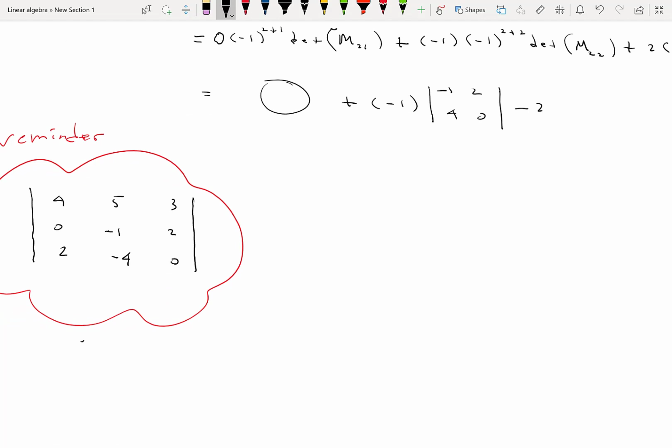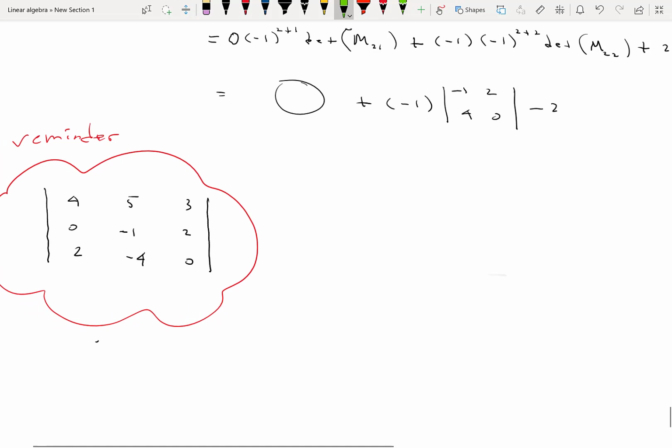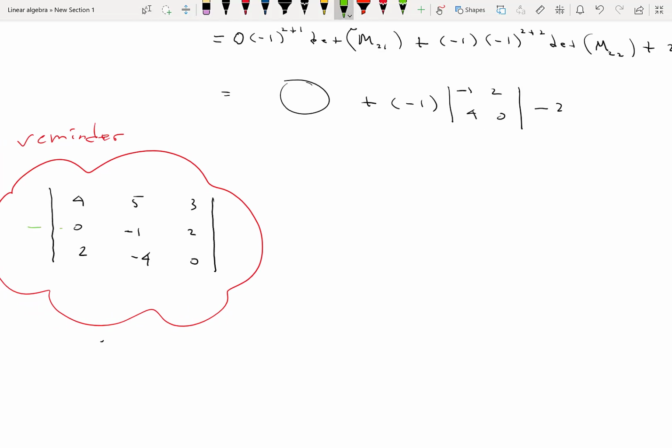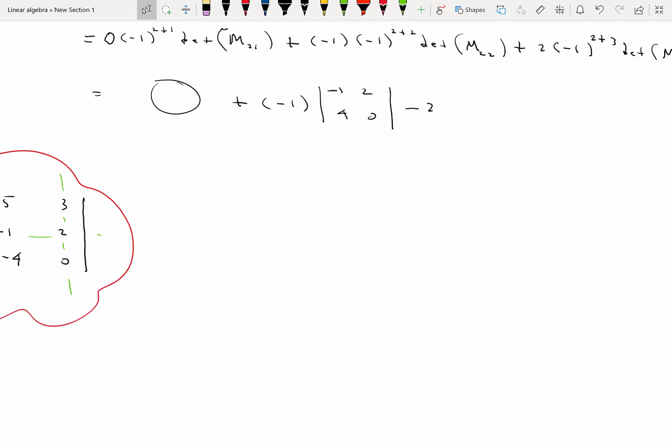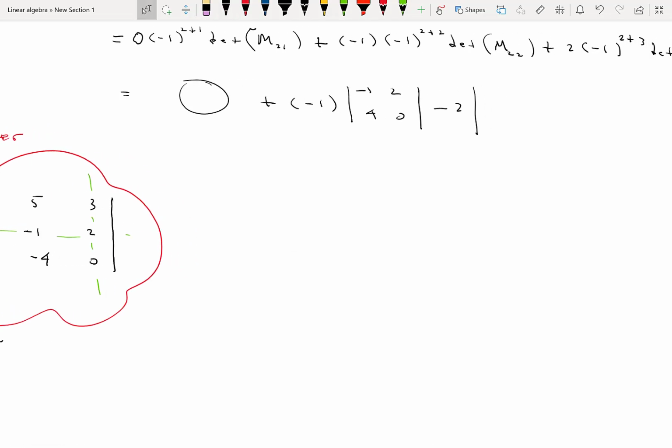That leaves us with the determinant of the matrix whose entries are 4, 5, 2, and -4. Those are the entries that are left. If that's not clear, I can put the little green lines in.